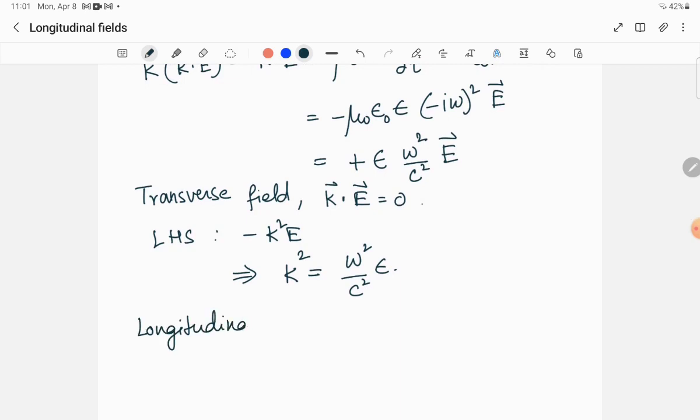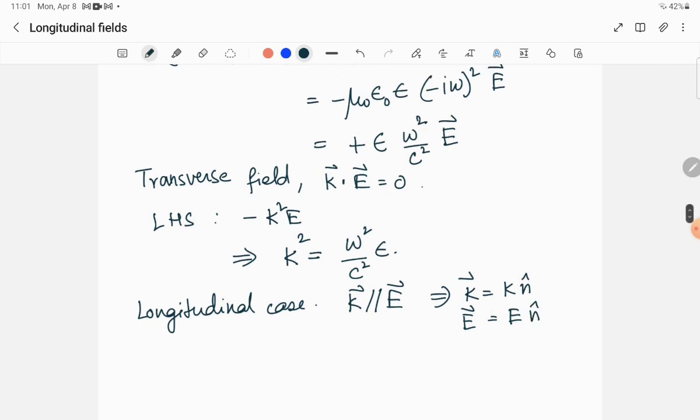Longitudinal case. So it's the extreme longitudinal case. The k is parallel to E. Okay. So let's say vector k is k times some n cap, and E is E n cap, some unit vector.